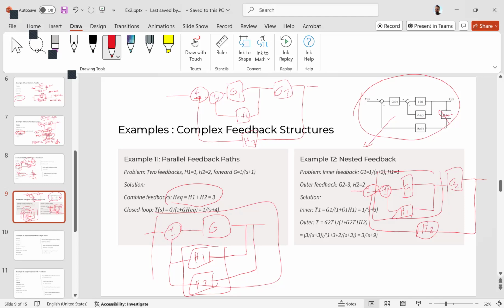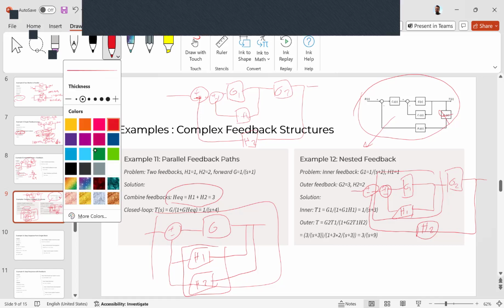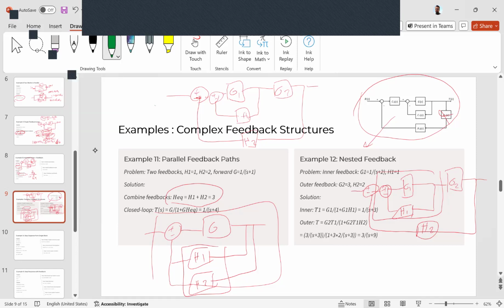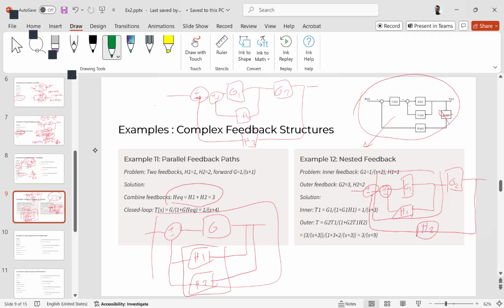How can we simplify that? Go ahead. By simplifying the inner feedback first, and then adding the output of the inner feedback to G2, and then from there you could solve the outer feedback after combining the inner feedback in G2. Yeah. So what's happening in step one, we have to get rid of this inner feedback.